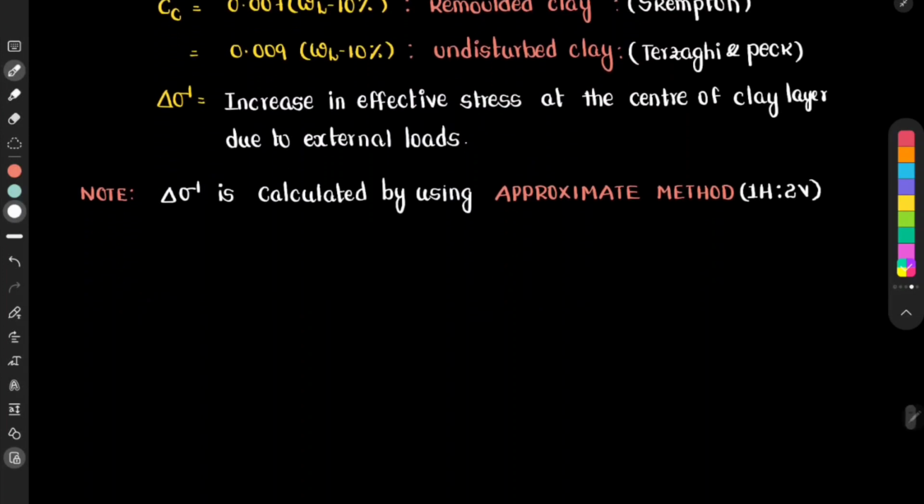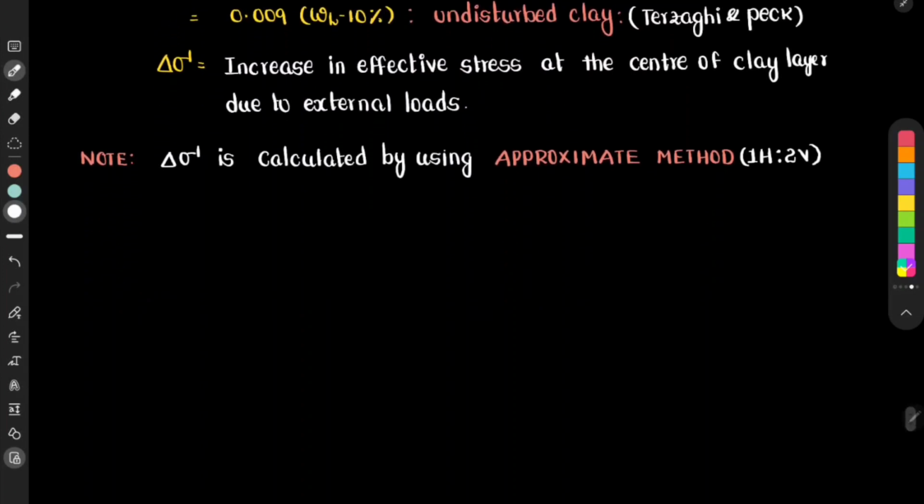We have already discussed this in detail in the previous chapter, but once again I'm going to write it. Not in detail, but you'll get an idea.